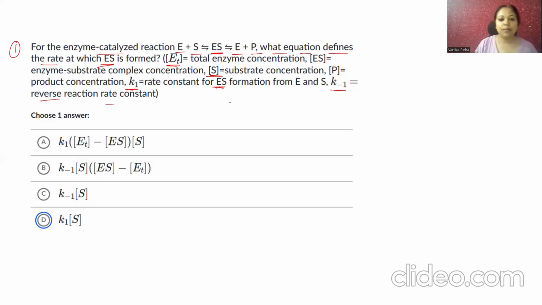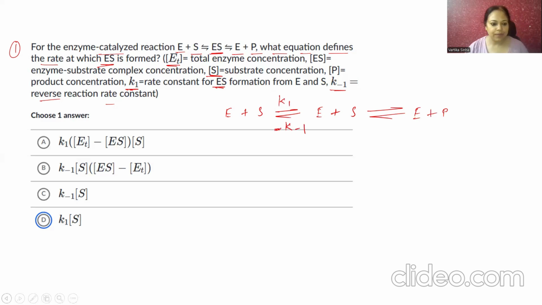First of all, my suggestion is to write the equation given in the question separately, and then place the rate constants at their proper places. It is K negative 1, right?